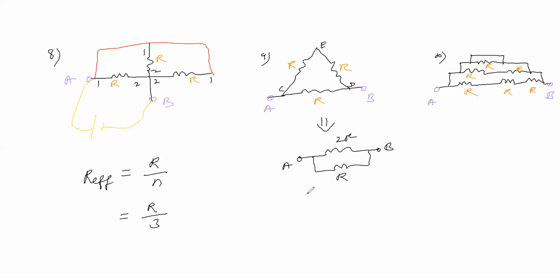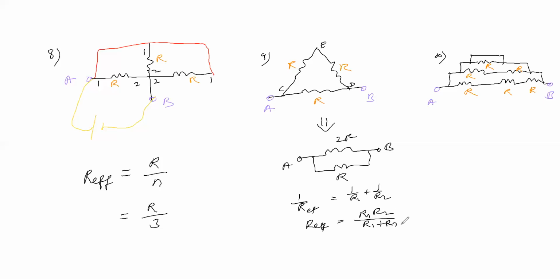In parallel combination, 1 by R effective is equal to 1 by R1 plus 1 by R2. If only two resistors are there, then the effective resistance is equal to R1 R2 divided by R1 plus R2. This is the formula.